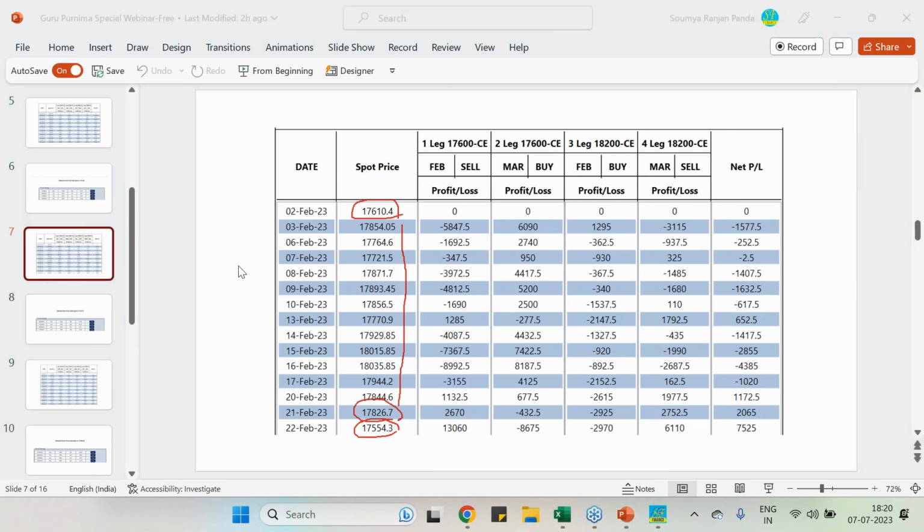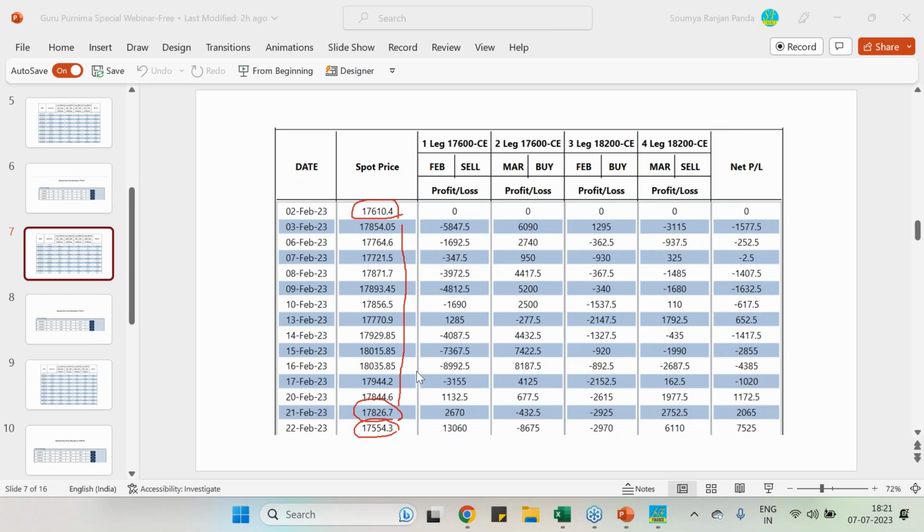So when this strategy was being shown, it was the budget. January was a sideways trend. We made money. It was February and March. February was a budget month, and a sharp move happened upward.